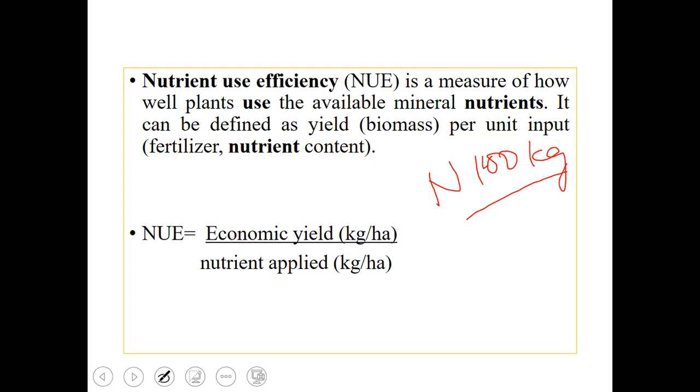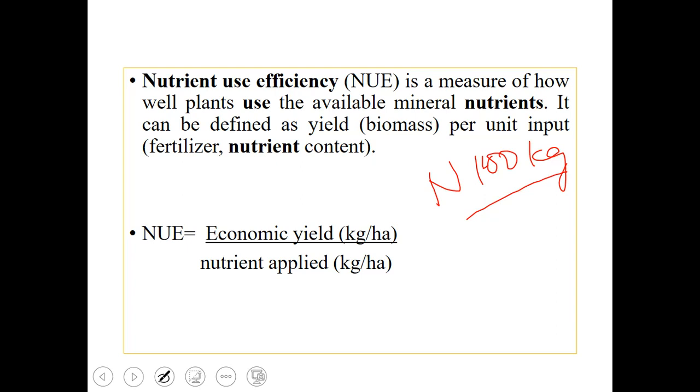Why? Because there will be many different losses of the nutrient that we have already learned, like removal by the crop, leaching losses, denitrification, ammonification. So these are the different losses of nitrogen. Similarly, for any other nutrient there will be losses.